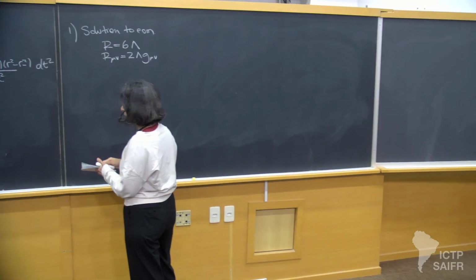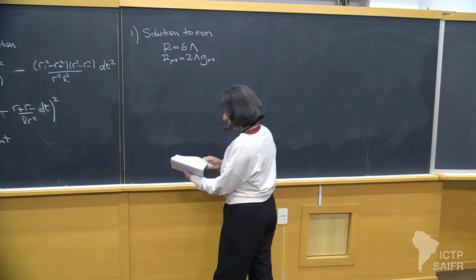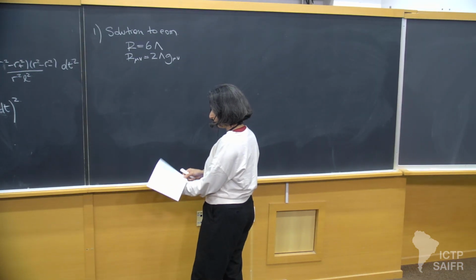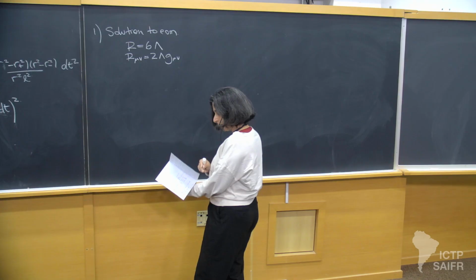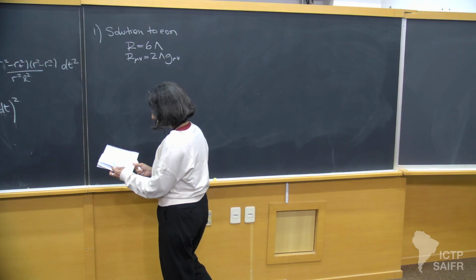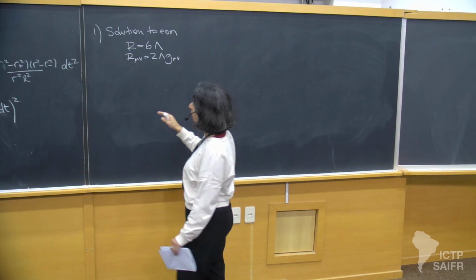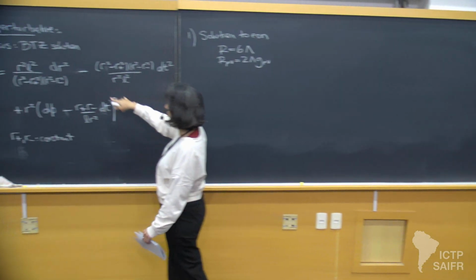Okay. Second statement, though, let's see. What is a second thing that we can say? A second thing that we can say, let's start here, is that this solution has these two constants here, R plus and R minus.